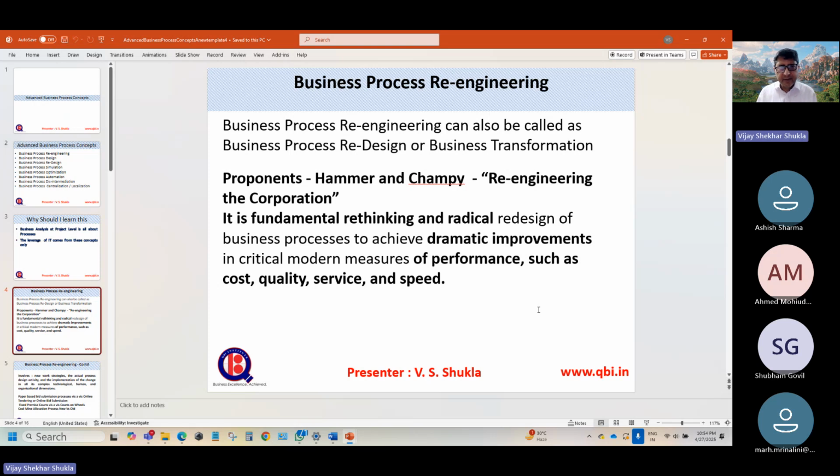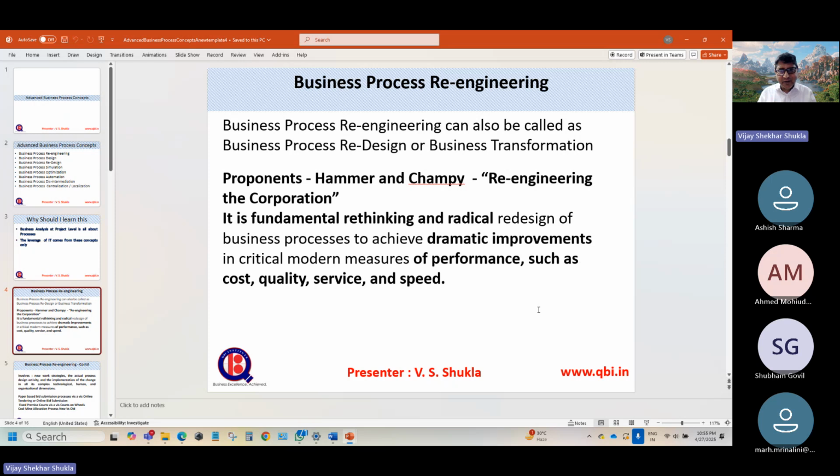In this book, they said that business process reengineering is fundamental rethinking and radical redesign of business processes to achieve dramatic improvements in critical modern measures of performance, such as cost, quality, service, and speed. So you fundamentally rethink your process and you carry out that process in a very different manner.